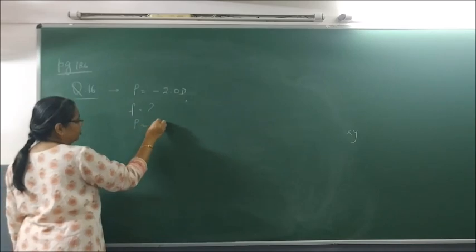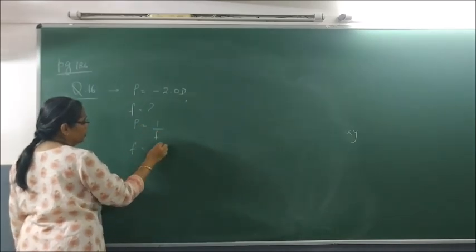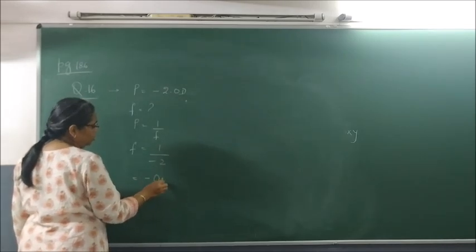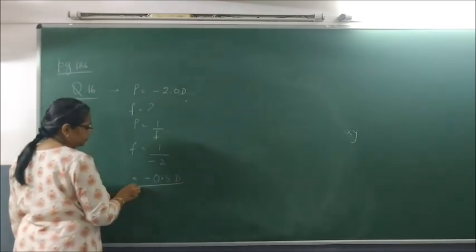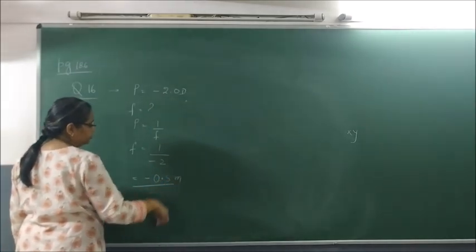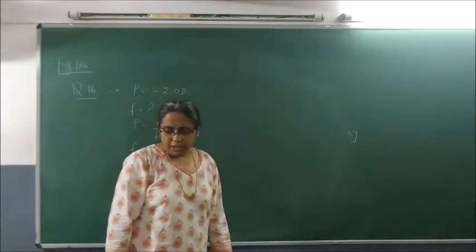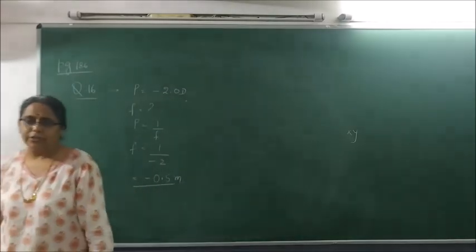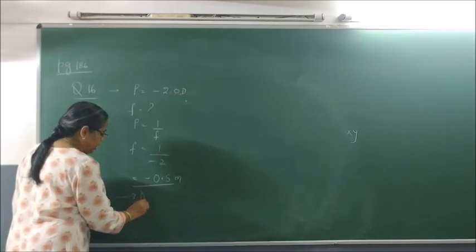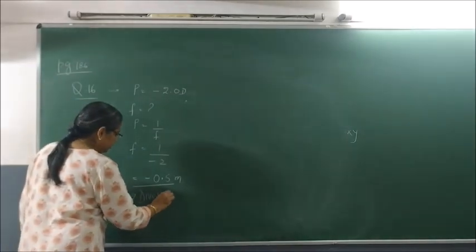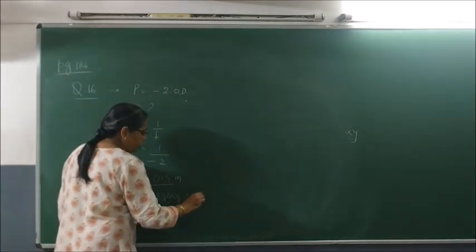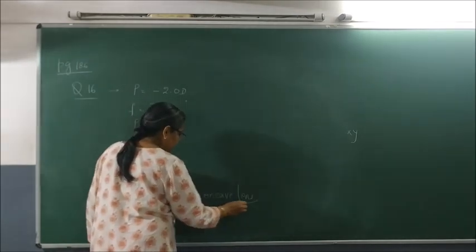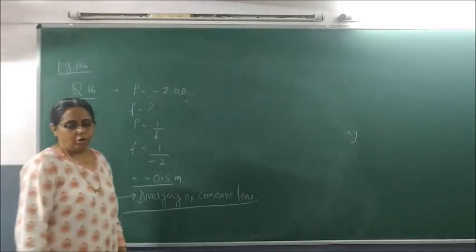P is equal to 1 by F. So F is equal to 1 by minus 2, which is equal to minus 0.5 meter. What type of lens is it? Negative, so it is a diverging lens. Diverging or concave lens.